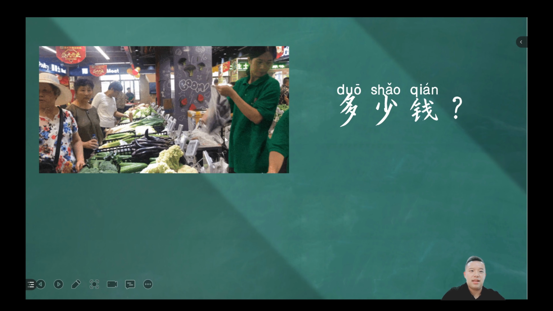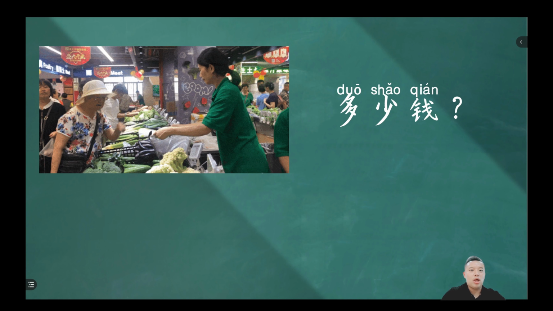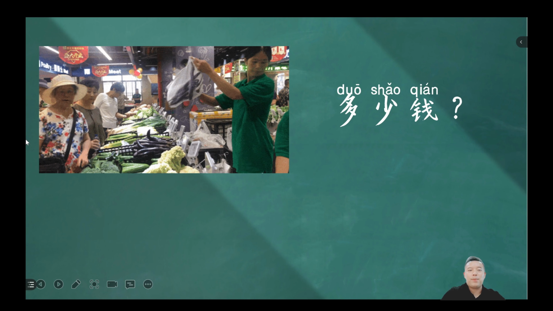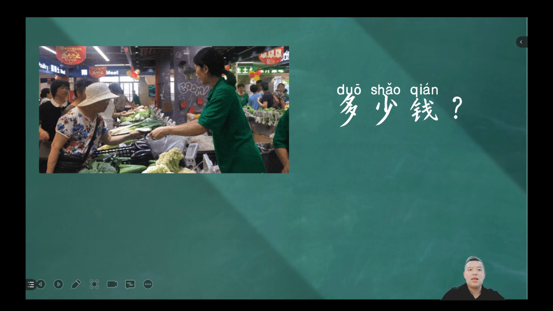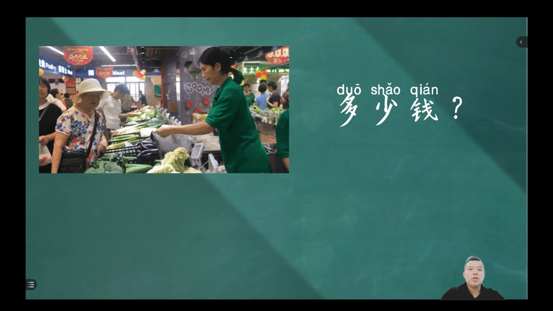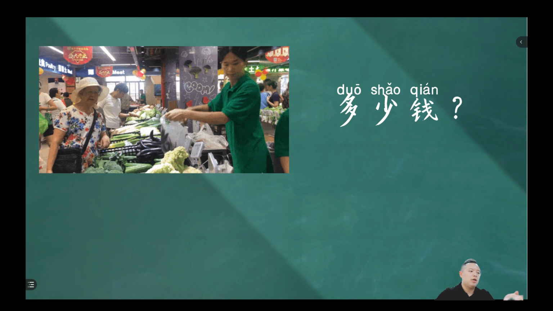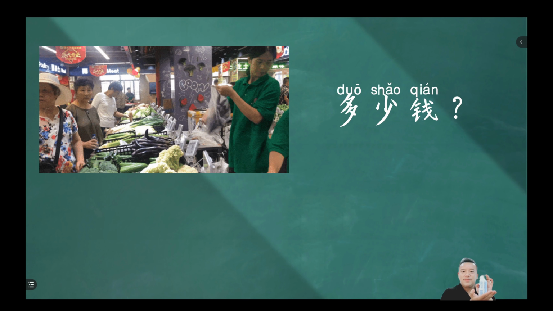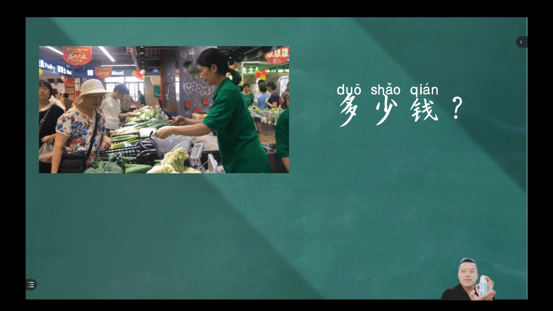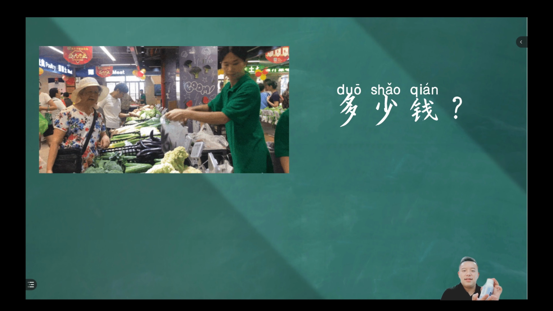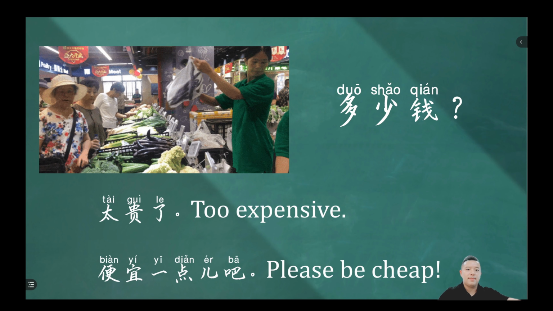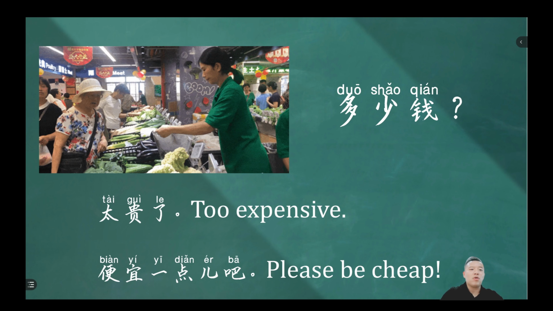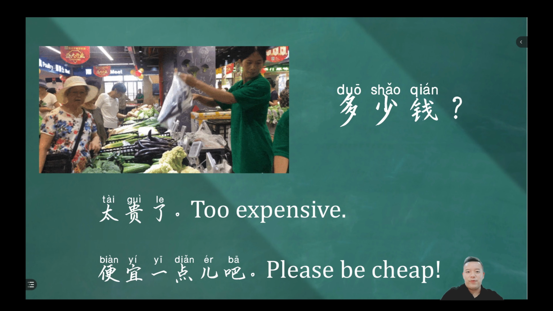Let's add the words that we learned from the previous lesson. Harga ini berapa? 这个多少钱？这个多少钱？Okay, then I'll teach you something very useful when you're going to negotiate about the price.